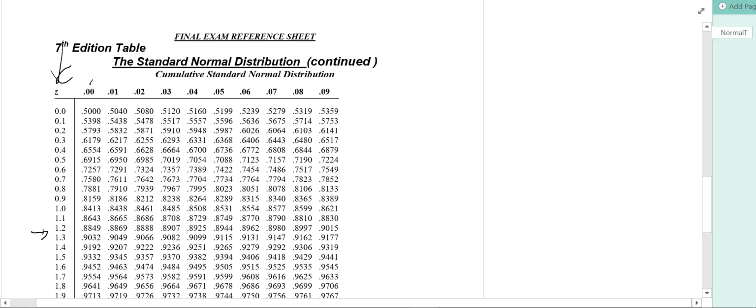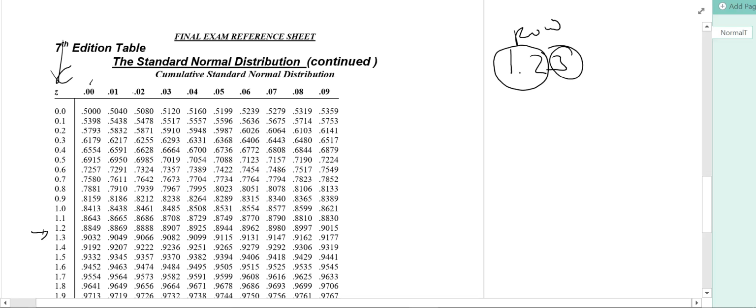Then we go to the column that is associated with the hundredths position, which is 0.03, right? So we have 1.23. We look up the tenths position. That's going to be the row. The column is given by the hundredths decimal place value, which is 3. So it's the fourth column here.